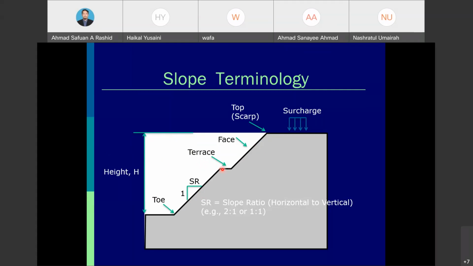Normally the width of the berm is around 1.5 to 2 meter, so it is easy for any construction vehicle to do the trimming, because they have enough surface width to park and mobilize their vehicle on this berm. So this is the slope terminology.